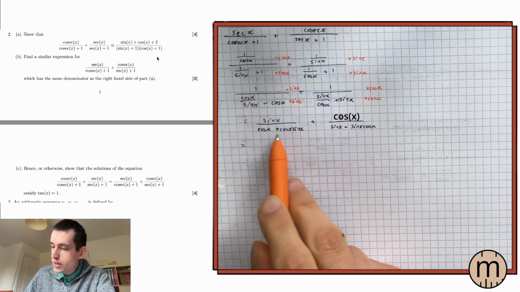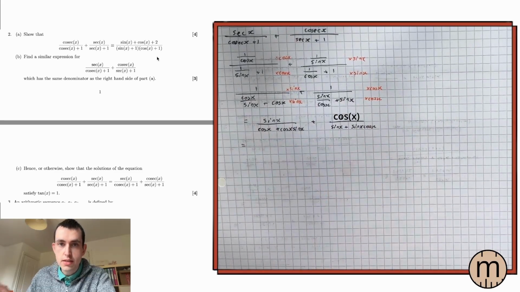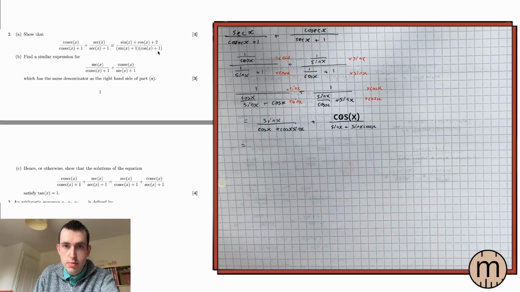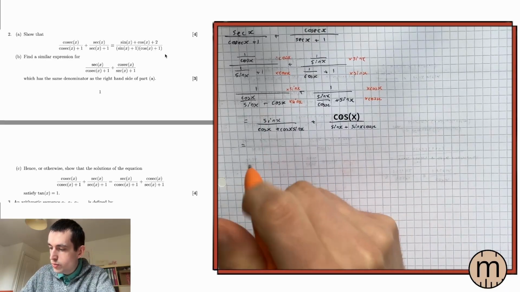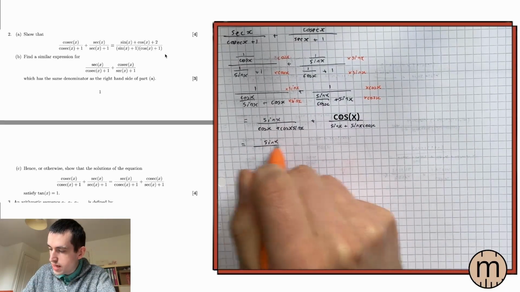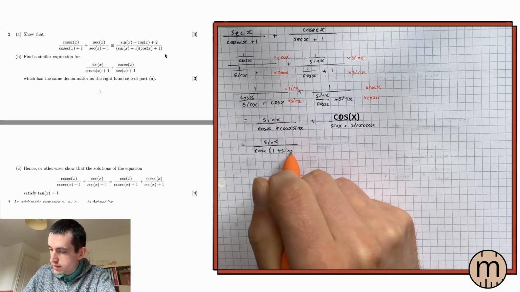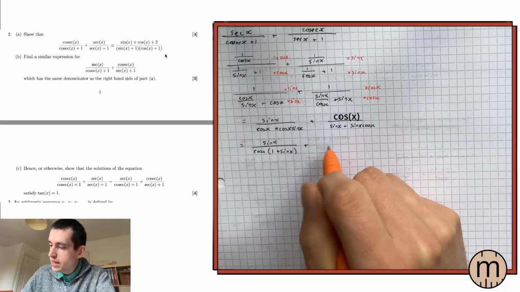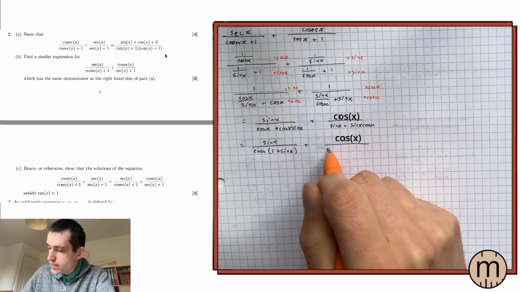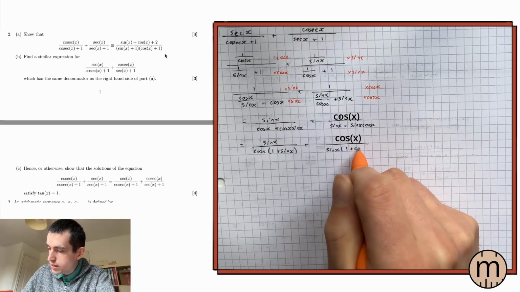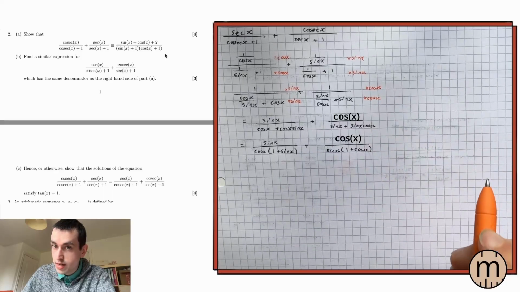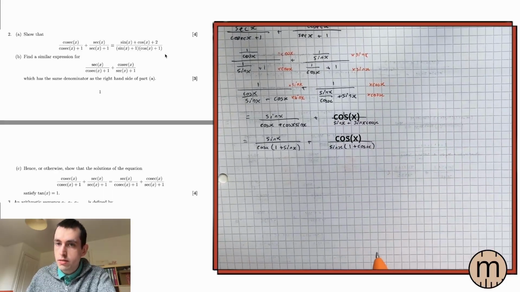From here, what I'm looking at is, I'm thinking about the denominators. We want the denominator to be sine x plus 1 and cos x plus 1. Well, we might notice that if we factor out a cos here, then this is 1 plus sine x. Seems pretty handy. And over here, if we factor out a sine x, we get 1 plus cos x. Seems pretty handy.